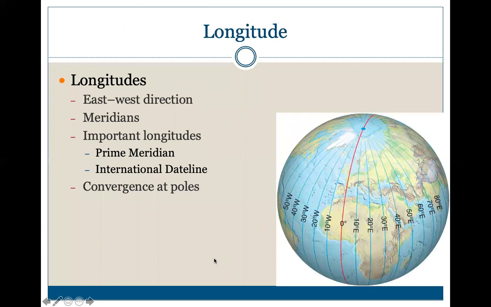Let's look at longitude. So longitude lines, they are all equidistant from the North Pole to the South Pole. They run around the entire Earth, 360 degrees, and now they have to cut the Earth in half because this is how we're going to make time, because this is the Earth's spin.